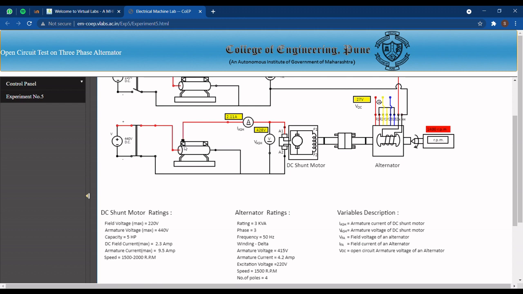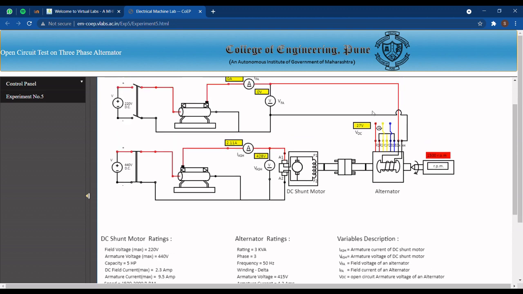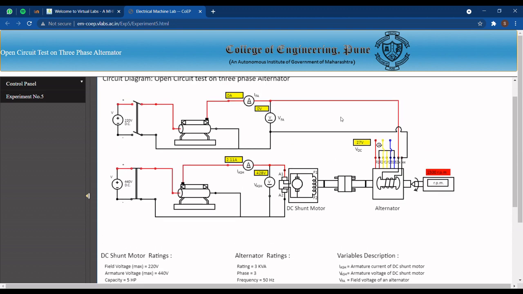Now the rated speed of the alternator is reached. The voltmeter measures 27 volt. This is due to the residual magnetism present in the alternator. Close the DPST switch so as to give supply to the field system of the alternator.